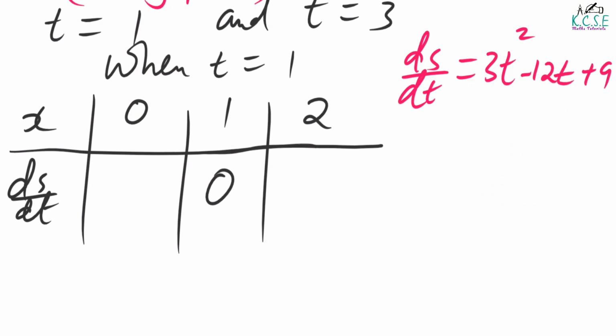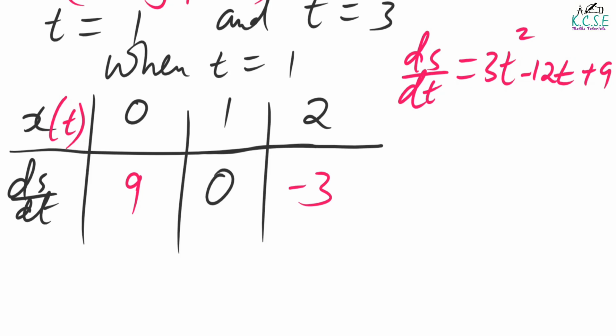This is what we use to fill the table and get the value of the gradient. So when t is 0, the value of the gradient at that point will be 9. Then when t is 2, you get negative 3.